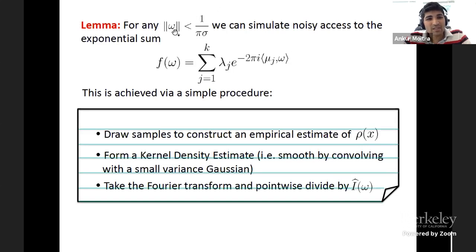And actually, let me emphasize one key thing, which is that this exponential sum, as I was alluding to before, I can't hope to query it anywhere I want for any possible omega. I can only hope to query it for omegas within some bounded disk. I'm only allowed band-limited access to f of omega.